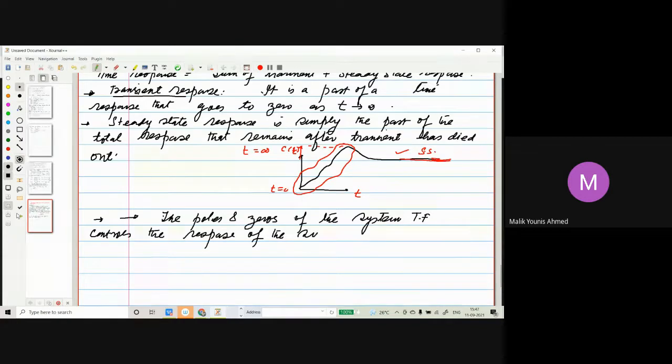So poles and zeros are very vital, and they will control the response of the system.